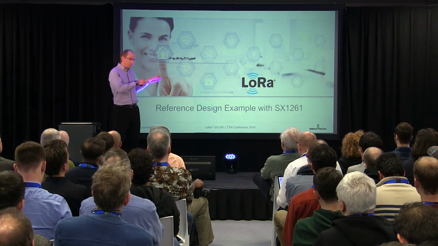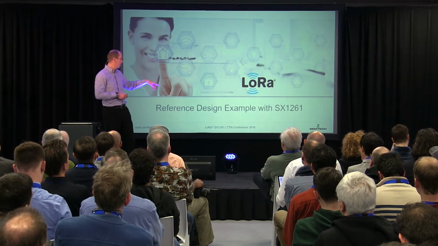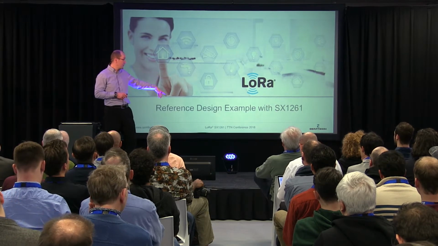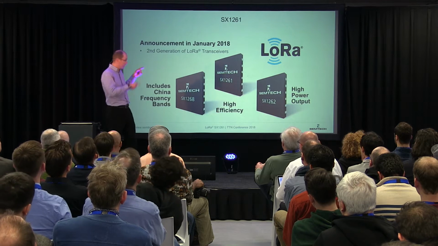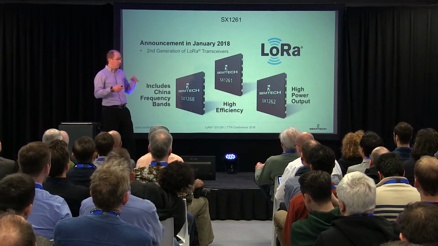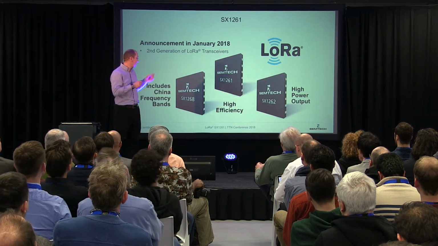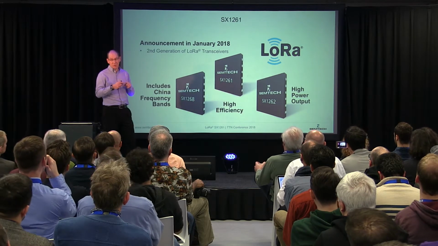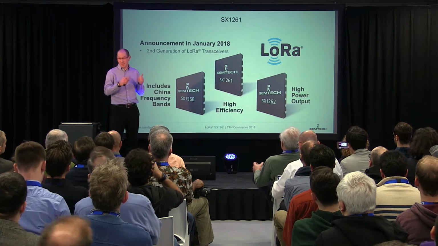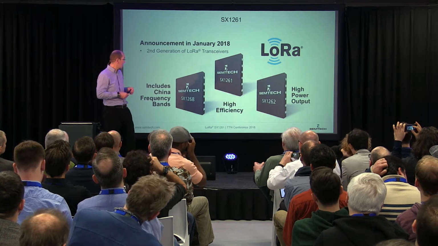Here I describe briefly an example illustrating our brand new device, the SX1261. As Nicolas said yesterday, we announced the SX1261. Actually, it's a whole family of 3 devices, much smaller, half the size of the previous generation.